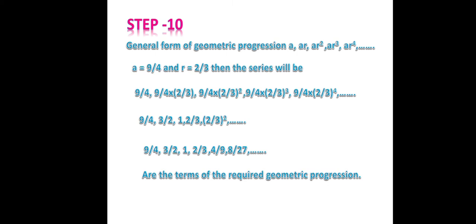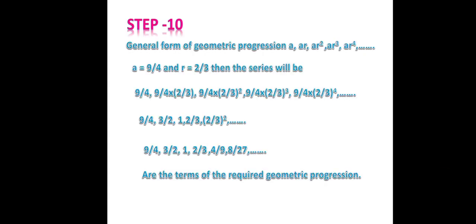So the 10th step will be writing the general form of the GP and then substituting the value of a and r, and by substituting the values we get the first term as 9 by 4 and the second term as 3 by 2, third term will be 1, fourth term is 2 by 3 and so on. So these are the terms of the required geometric progression that we need to find.